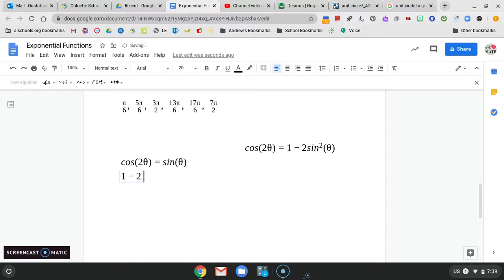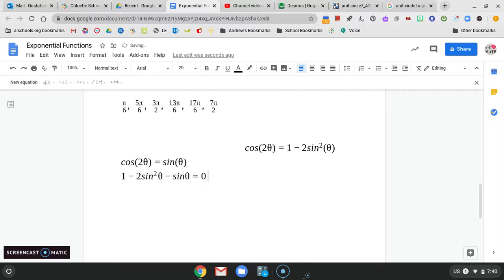So 1 minus 2 sine squared of, I'm just going to put theta, minus sine of theta. So I subtracted sine theta to the other side. I'm going to make that equal to 0. And again, that'll make more sense here in a second.